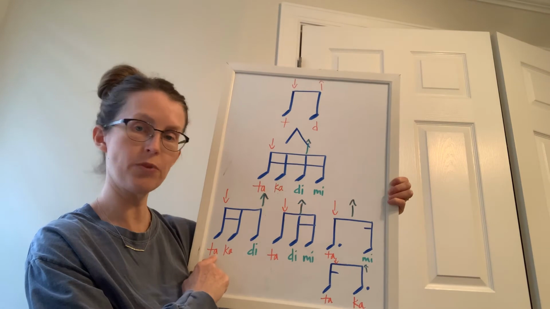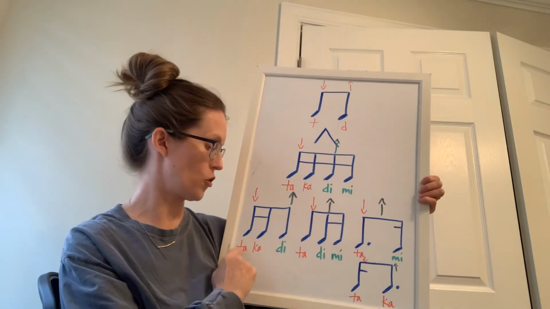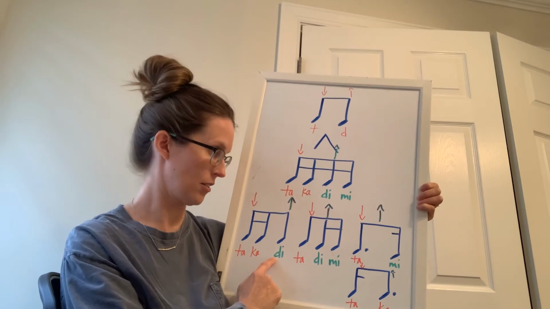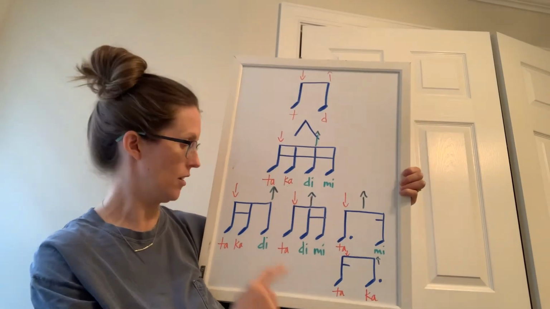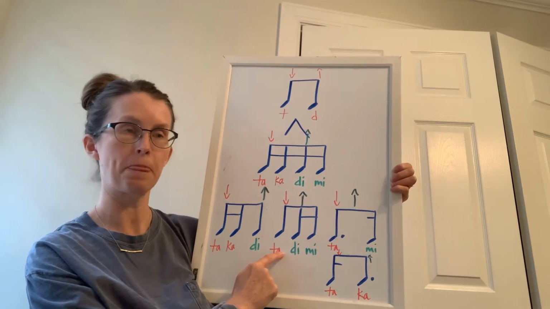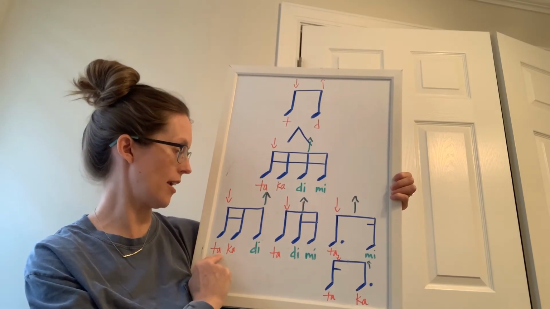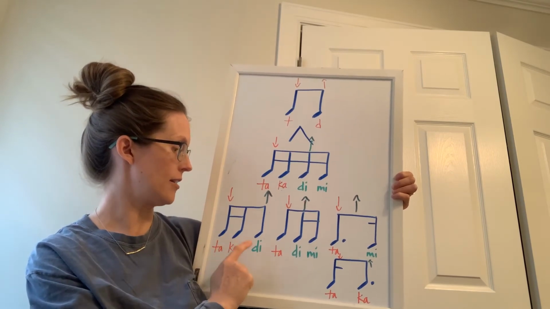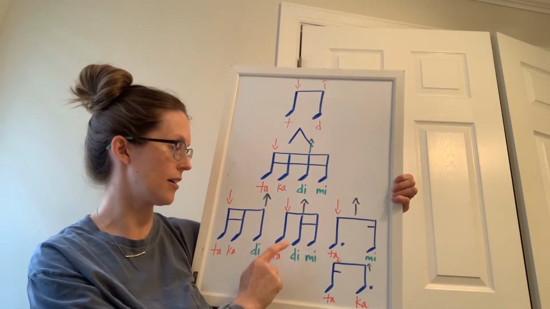Another way of thinking about it is it's short, short, long, short, short, long versus long, short, short, long, short, short. Okay? So let's do two ta-ka-dis and two ta-di-mis. 1 and 2 and ready and ta-ka-di, ta-ka-di, ta-di-mi, ta-di-mi.